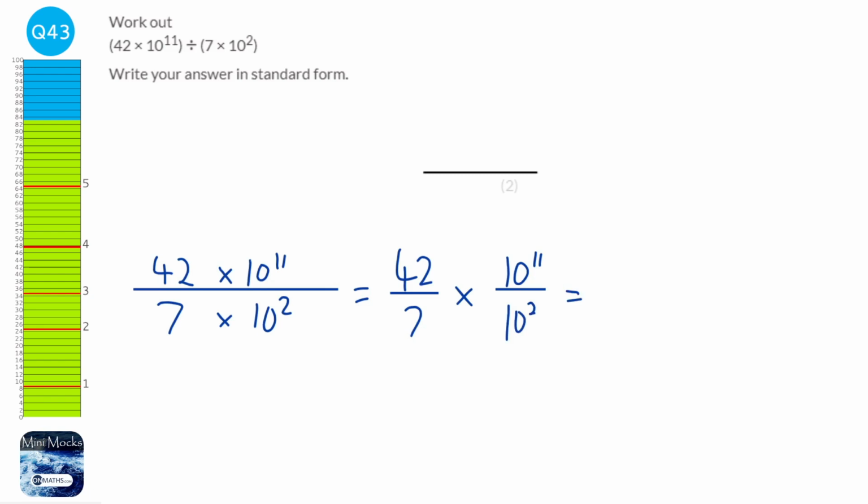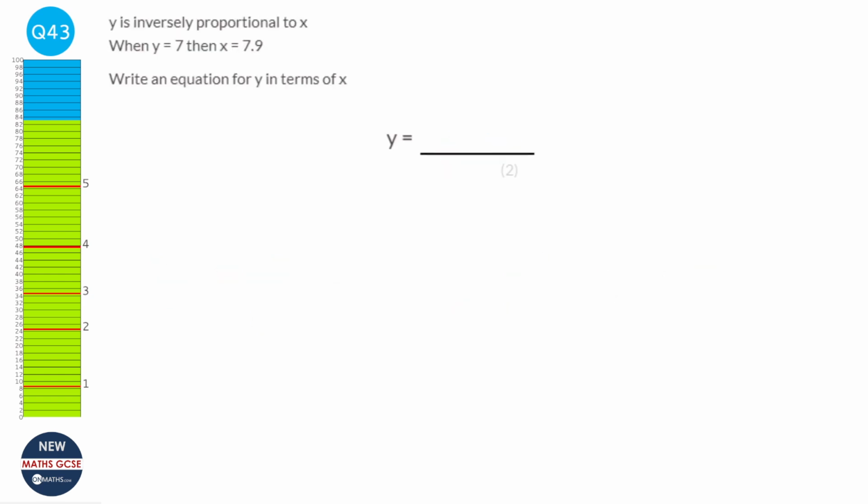And you can see we're just doing it separately. So 42 divided by 7 is 6, times, and then with dividing, or as a fraction, when we divide powers with the same base, we take away the powers. So 11 take away 2 is going to be 10 to the power of 9. So it's going to be 6 times 10 to the power of 9.